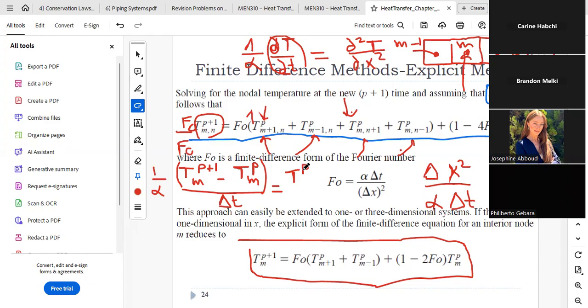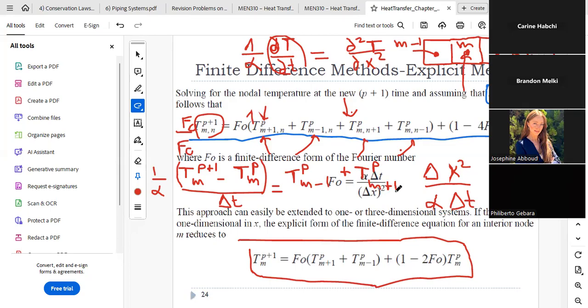In an explicit method, all temperatures from the other side will be considered at the previous time, at time P. So Tp m minus 1 plus Tp m plus 1.